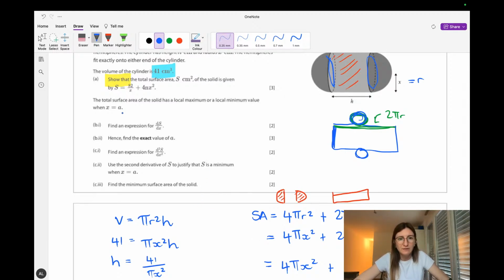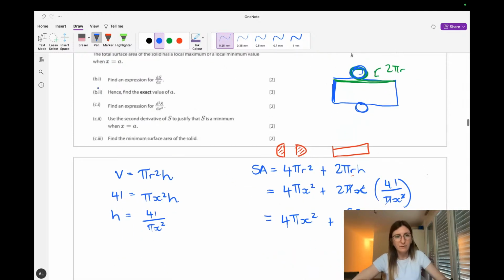The total surface area of the solid has a local maximum or local minimum at x equals a. So this value of x, which we're now going to call a. So when we find it, just don't forget to call it a. Find an expression for ds by dx. So as usual, and I shouldn't call this surface area, they've just called it s.